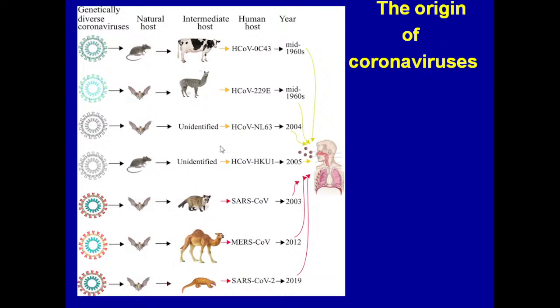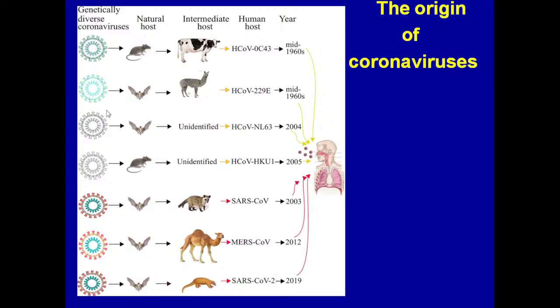Camels had been intermediate hosts for MERS coronavirus, which appeared in 2012, and pangolins. These are animals, quite rare everywhere. But they were speculated or suspected as an intermediate host for SARS-CoV-2 in 2019.